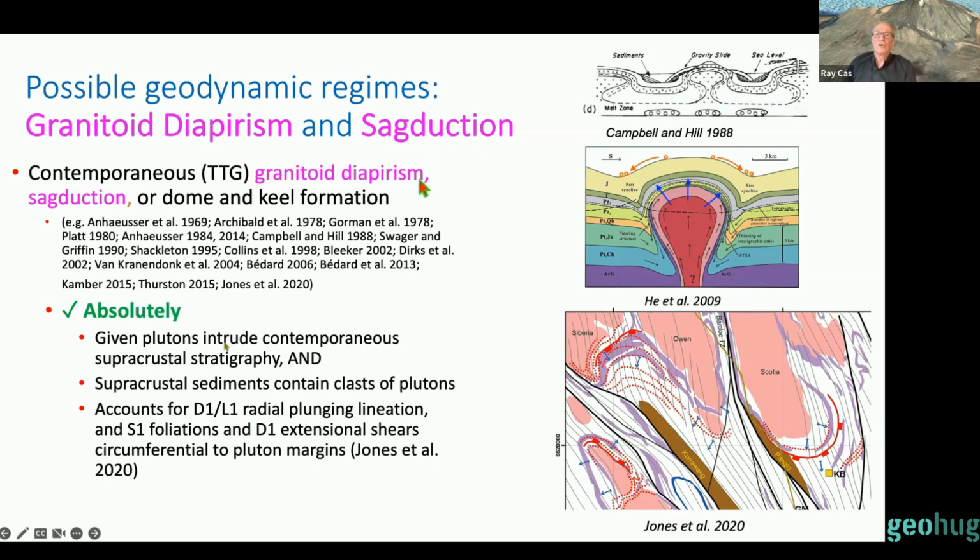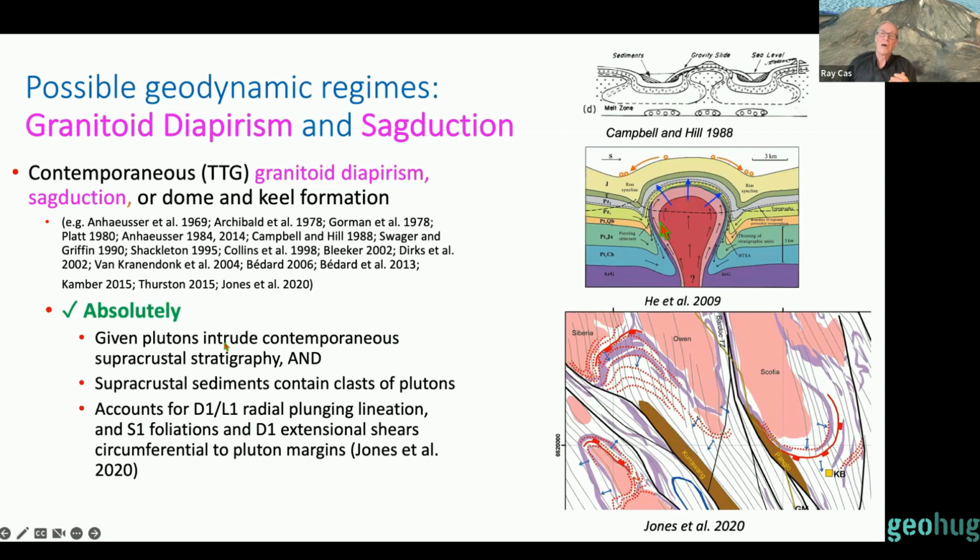Now, that sort of tectonic paradigm is known as granitoid diapirism. So in other words, the plutons have a lower density than the rock sequences that they're intruding up through. So therefore they're buoyant and therefore they continue to rise.